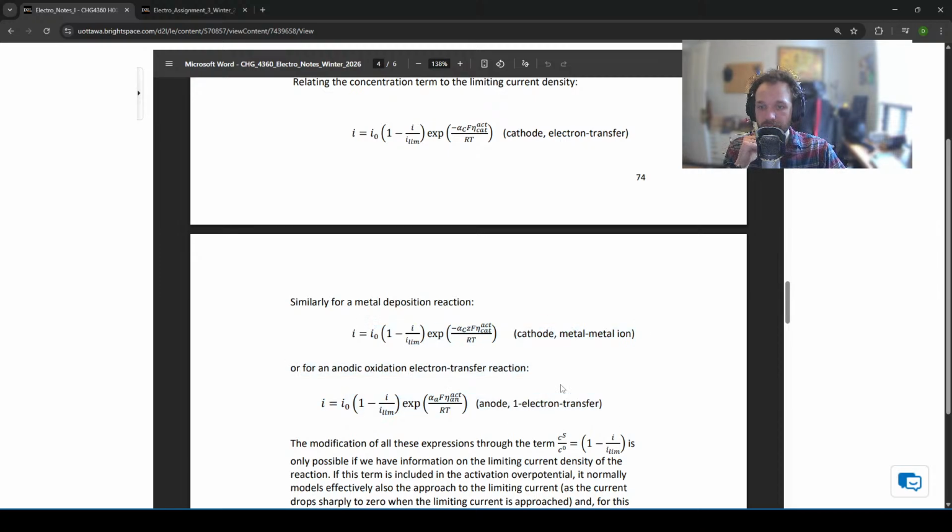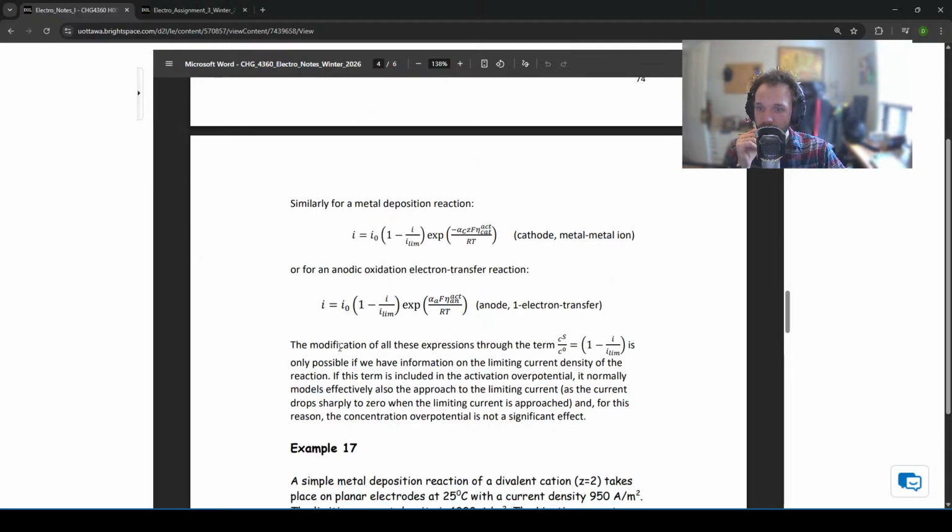Same thing here with the anodes. The modification of all these expressions through the term is only possible if we have information on the limiting current density of the reaction.